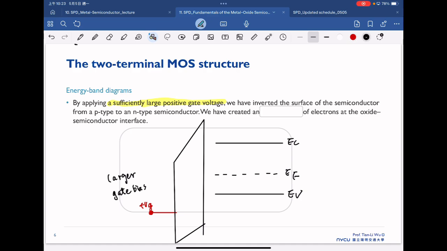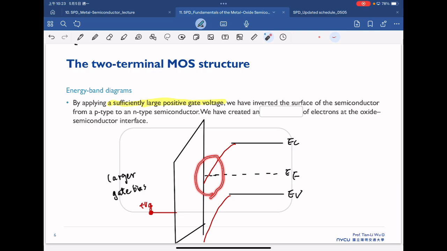Therefore, it is possible that our conduction band in the semiconductor can be below our Fermi energy in the semiconductor. So in this case, we can see this is a region where the Fermi energy is larger than the conduction band.